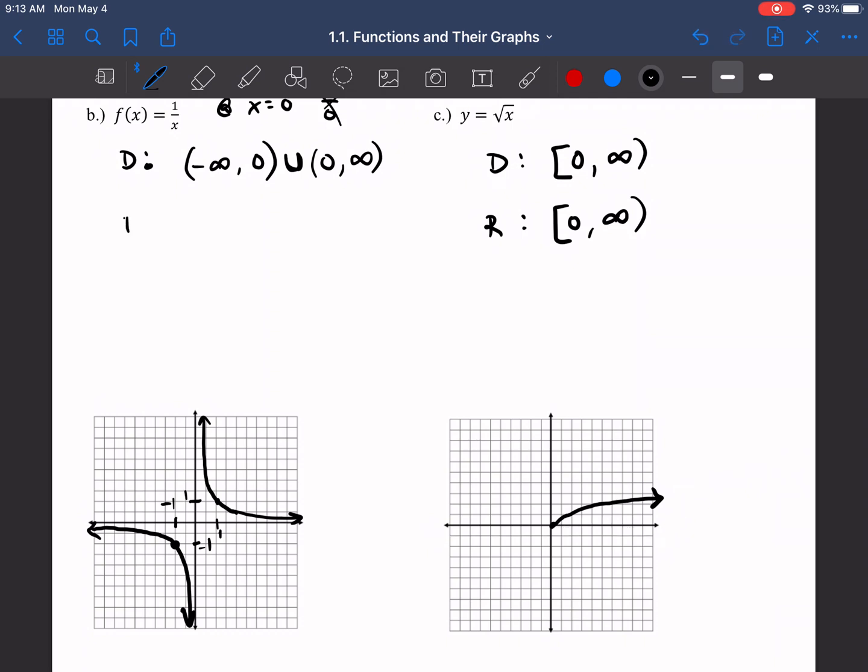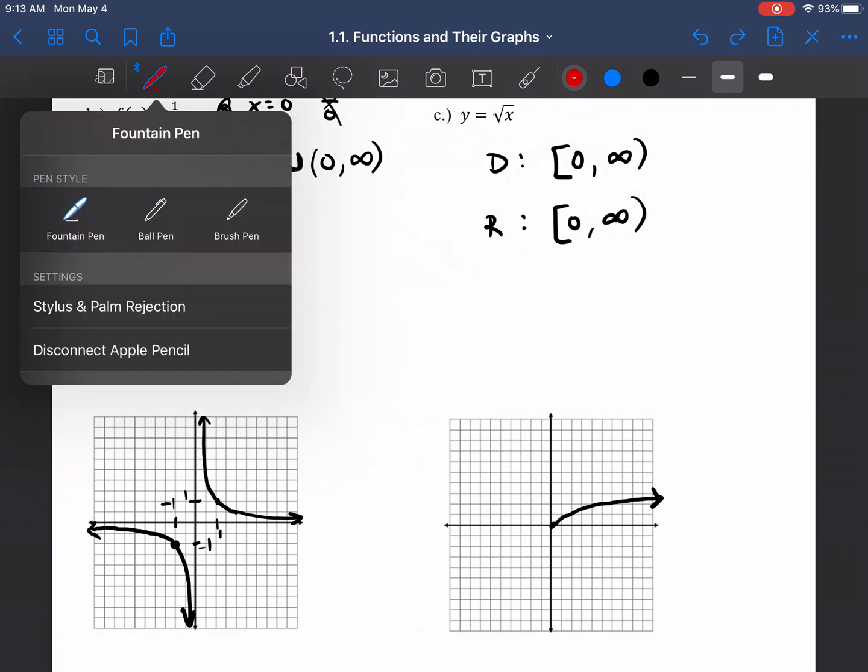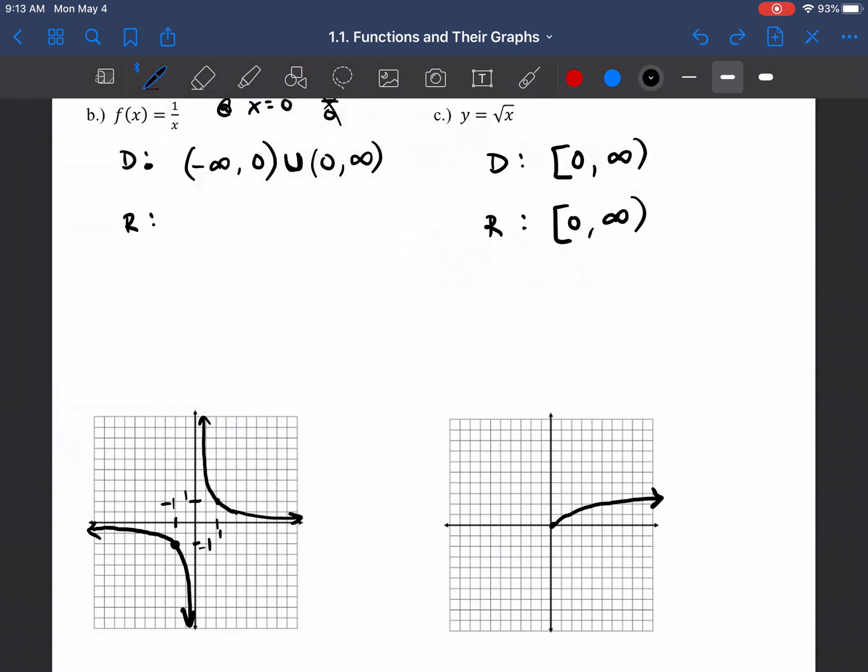Over here, our range, I should have written this one. Notice again for the range, what can we get vertically? Well, we never ever cross this line. Over here on this side, we're below it, and over here, we're above it. But we never cross it. So we never get to the value y equals 0, which means we can do the same sort of thing.